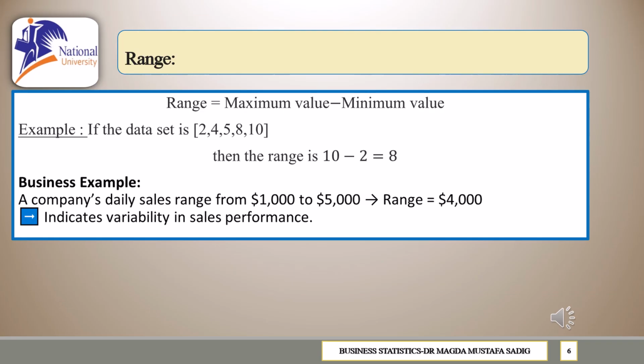For example, if we have 2, 4, 6, and 50, 50 is the largest extreme value.